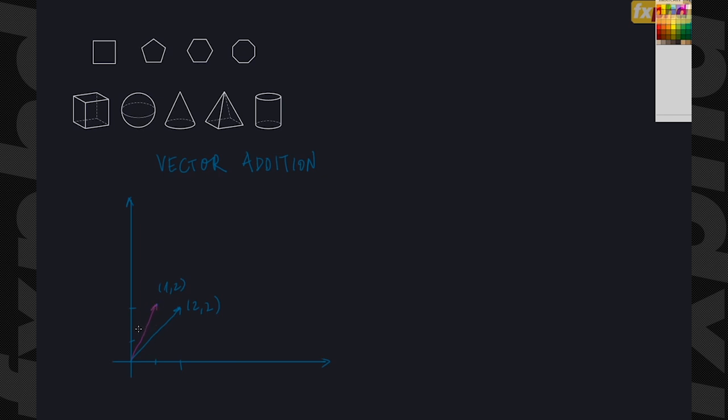Let's call this one B and the other one A. And what you do if you want to add these 2 vectors is nothing but adding the coordinates. That means 2, 2 plus 1, 2. What you do is add the individual components. That means you get another vector with the components 2 plus 1 is 3 and 2 plus 2 is 4. So this is the result vector 3, 4.